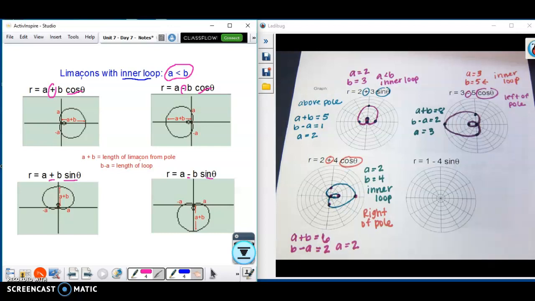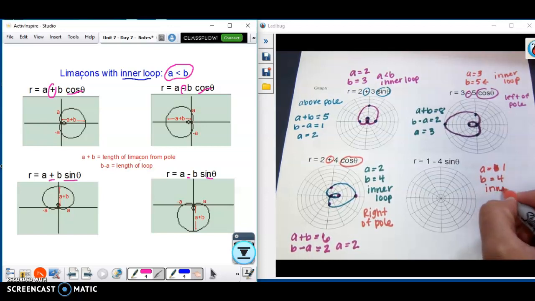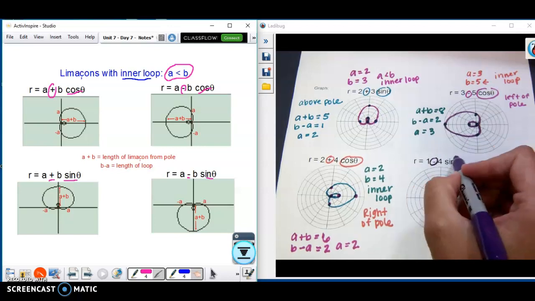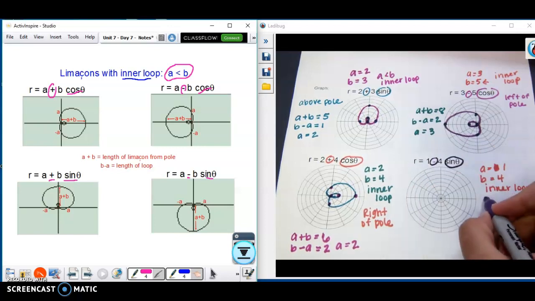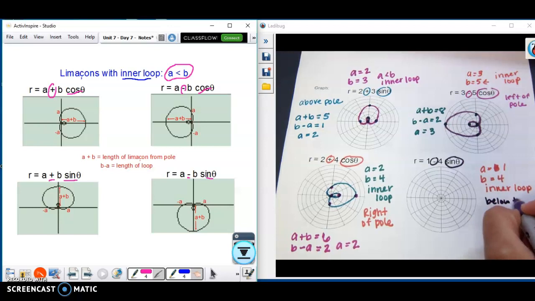Alright, last one for this. So our A is 1, B is 4. Because B is bigger, we have an inner loop. Because this is negative sine, we're going to be below the pole.